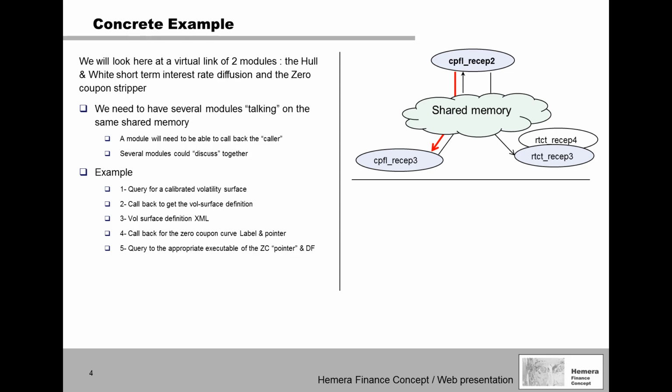It will then launch and call that executable to obtain the curve pointer on the needed discount factors. The zero coupon curve stripper executable will give back the results to the Hemera executable. The Hemera executable will give back the message to the CPFL recept2 module.